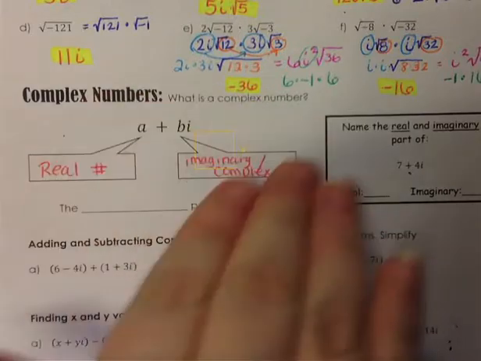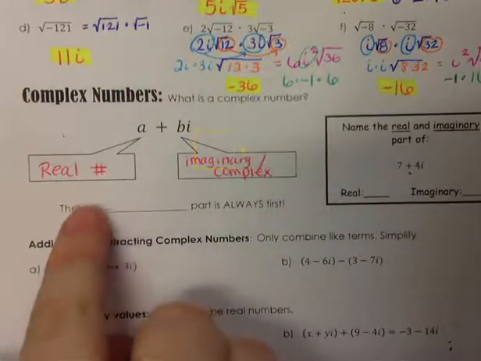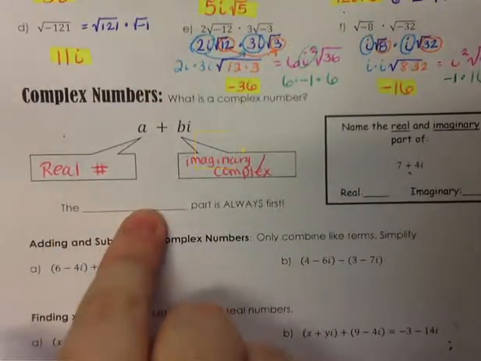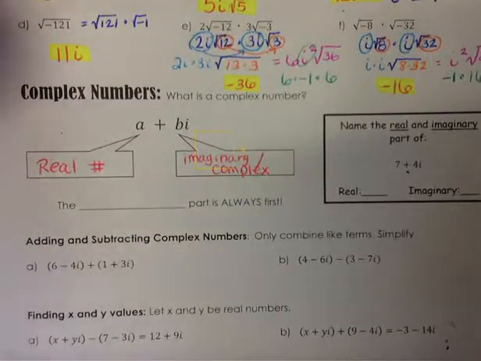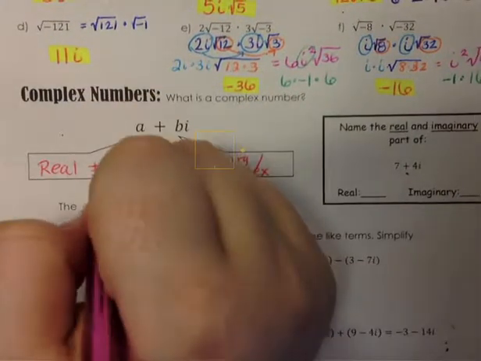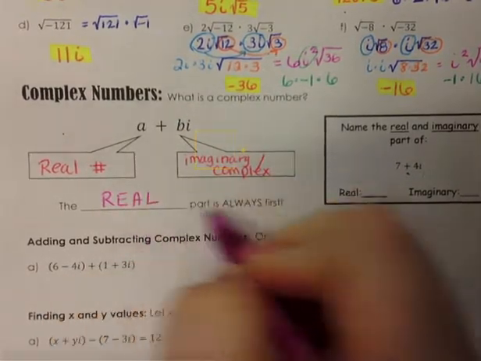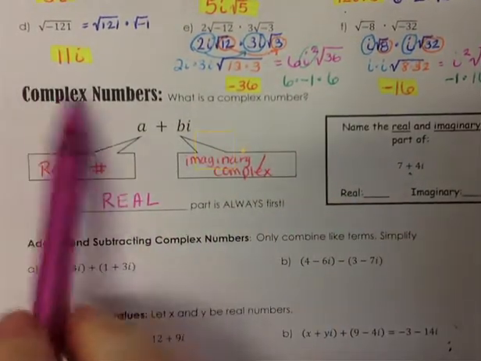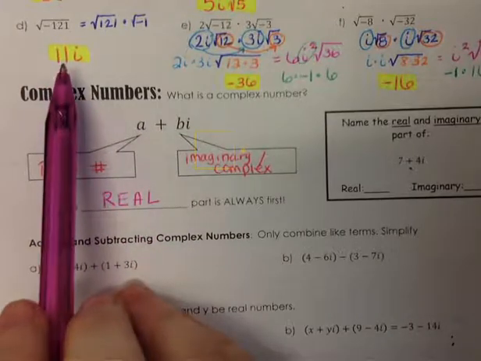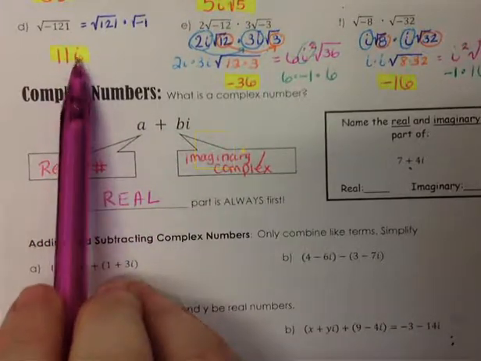Whenever we write a value, the real part is always first. So we always want to make sure that we have, like up here, we have 11i.